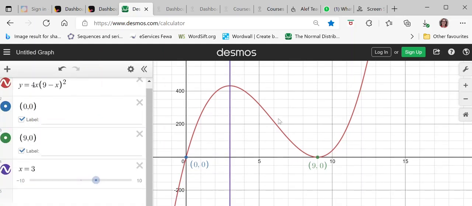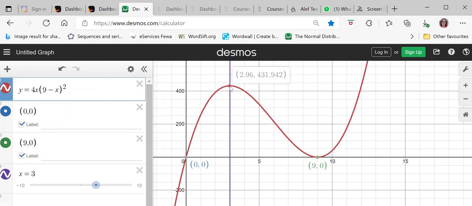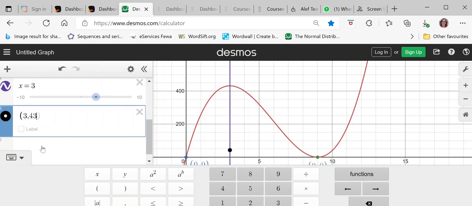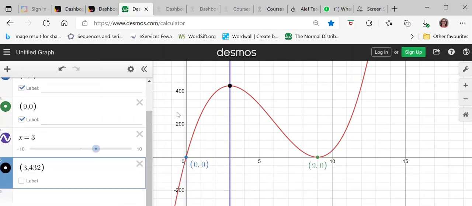So this is going to be the point, my maximum. So this point here, when x is 3, we have 3, comma, and we said it was 432. So if we label that, this is our point, and this is our maximum volume, which is at 432.